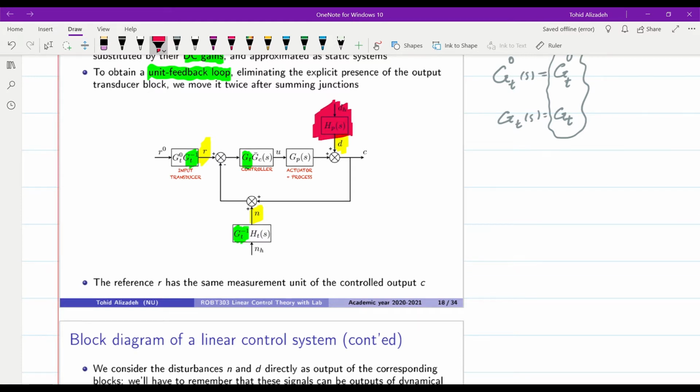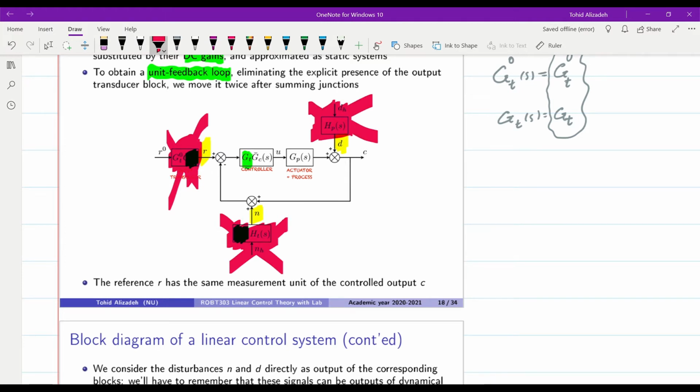So we don't care about that. We neglect GT inverse times HT and GT0 times GT inverse. So we just neglect these and assume that we have received R as the reference input, N as the noise, and D as the disturbance.